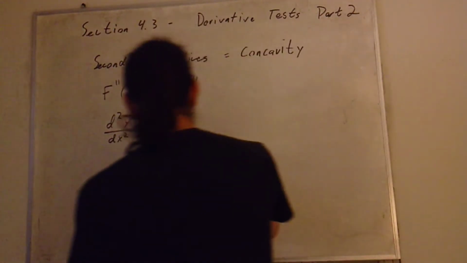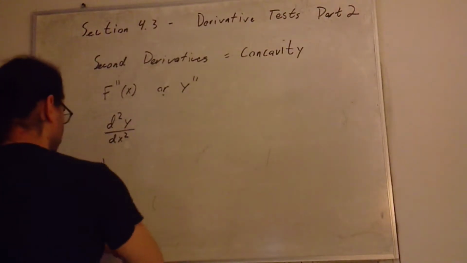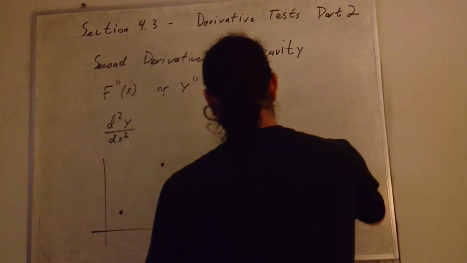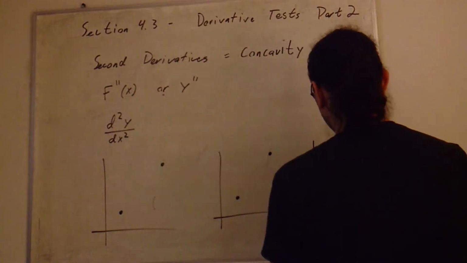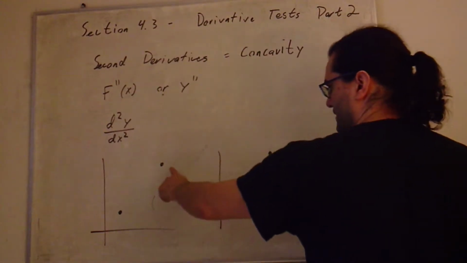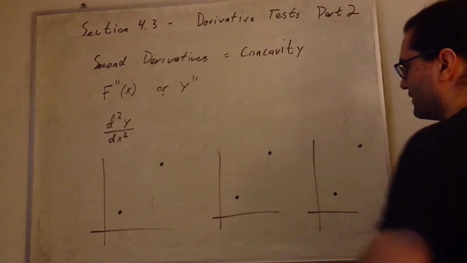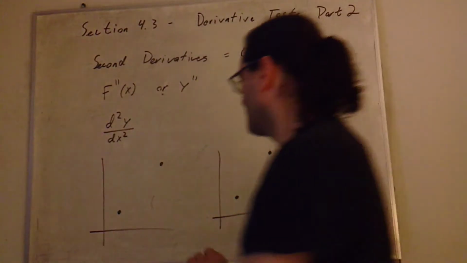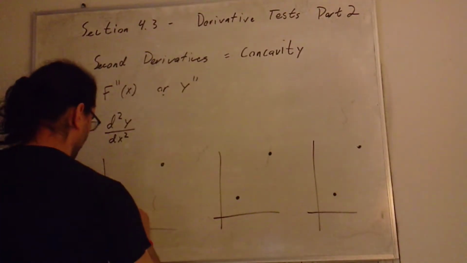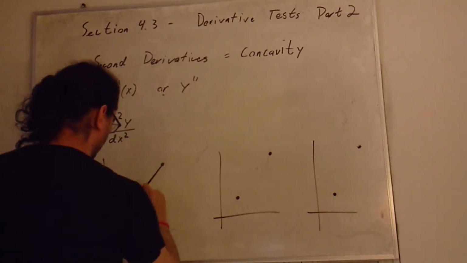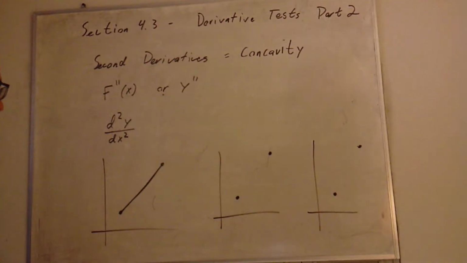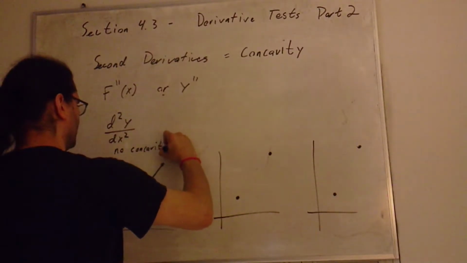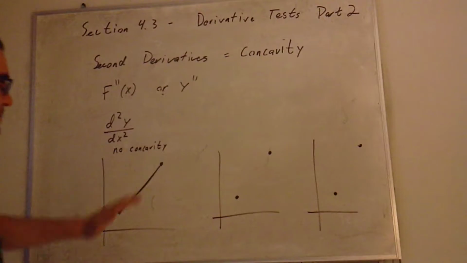So if we have a function that's going from here to here, there's three ways we can get from here to here. The most obvious way we can get from there to there is a straight line. Straight lines have no concavity. They're straight. They don't curve at all.